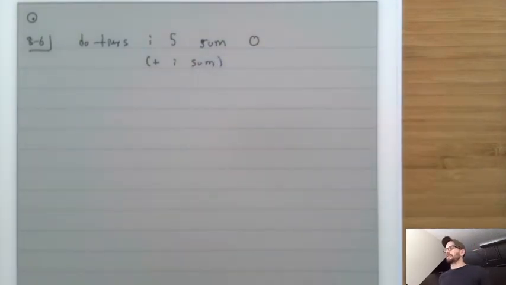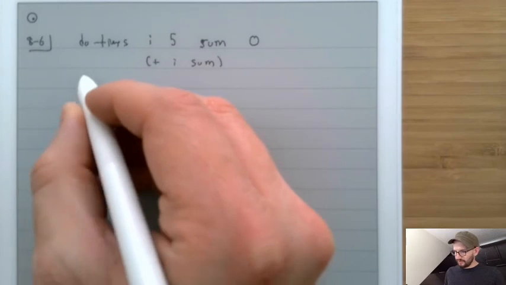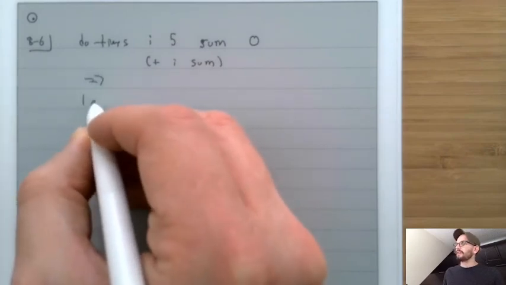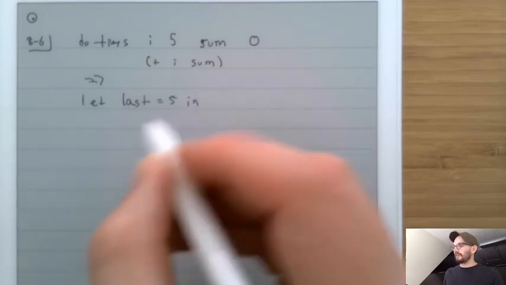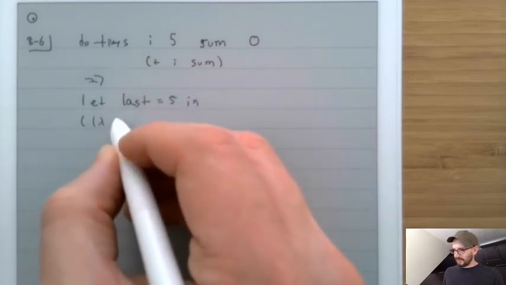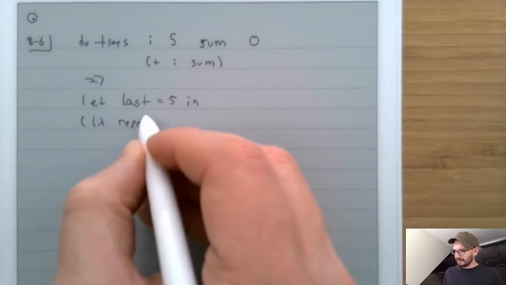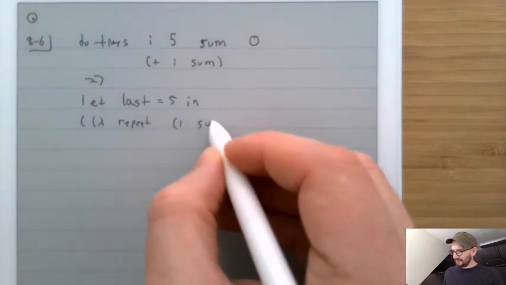And so what that's going to do is turn into, via our desugarer, let last equals 5 in lambda repeat I sum.